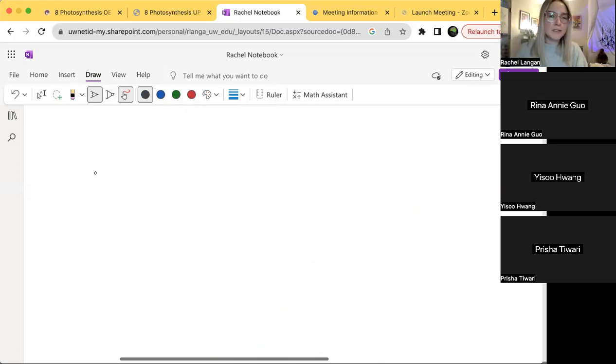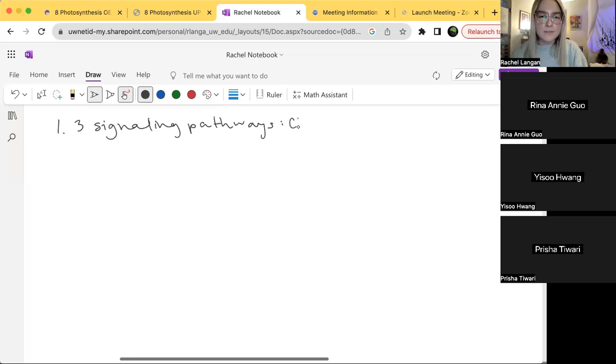So for plant responses to herbivory, there are two things that you need to know. You need to know three signaling pathways that cause, chomp chomp, the activation of plant defense.